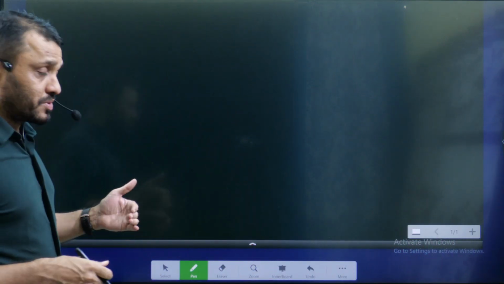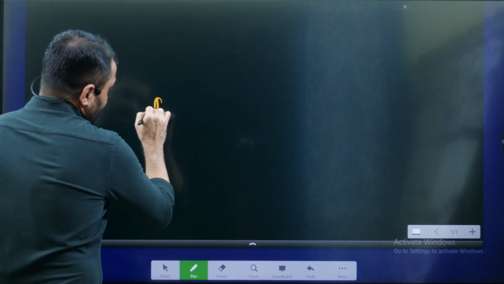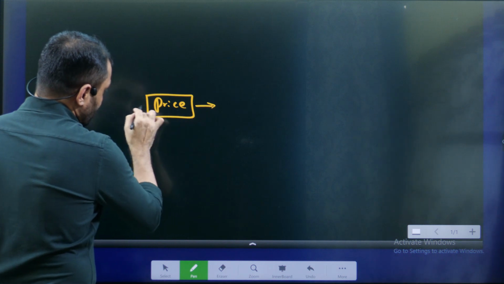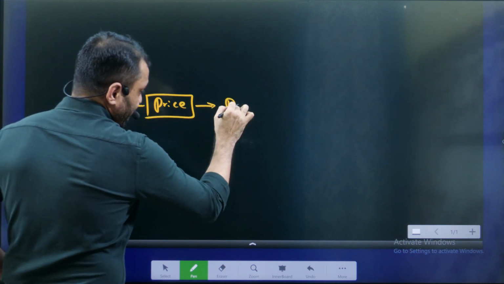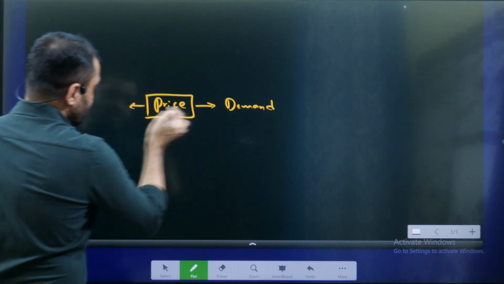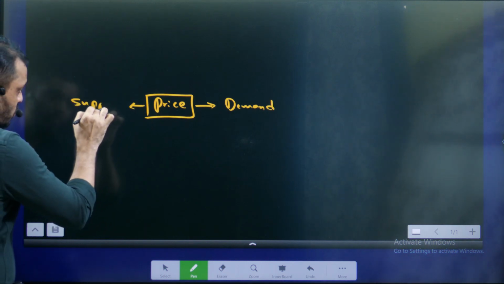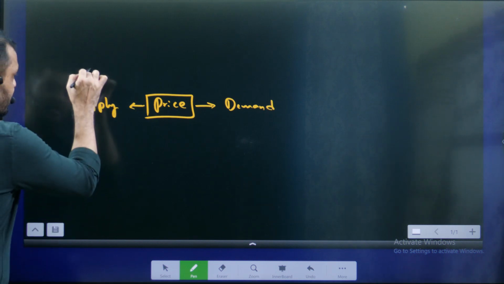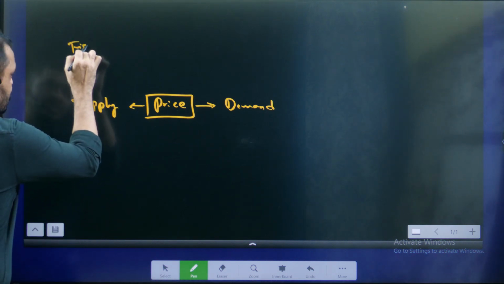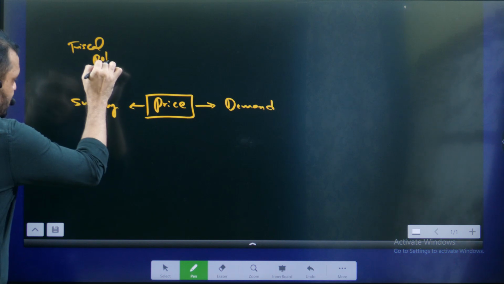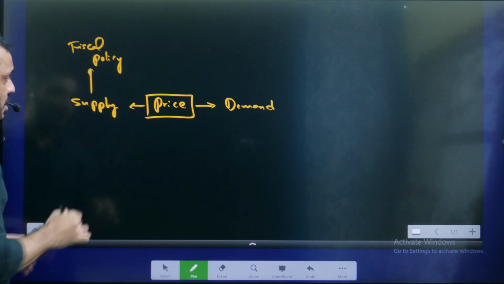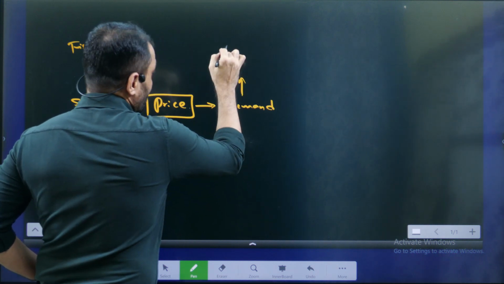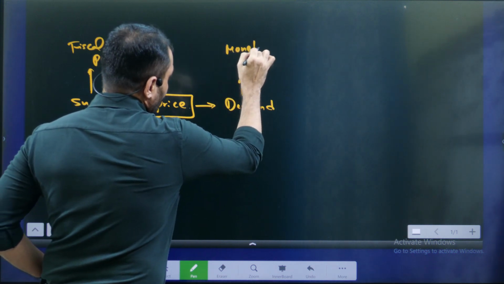First, you should remember, students, that in the market, the price of a product is always determined by its demand as well as its supply. The supply of goods is generally regulated by fiscal policy. So fiscal policy always operates on the supply side, whereas the demand in the economy is regulated by monetary policy.